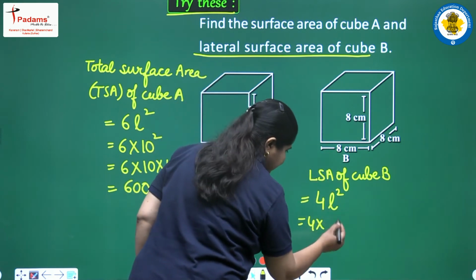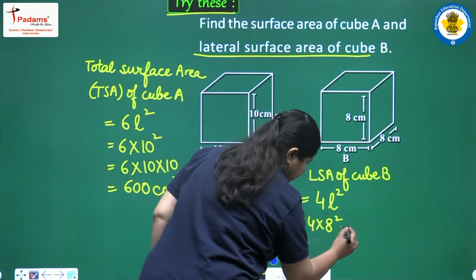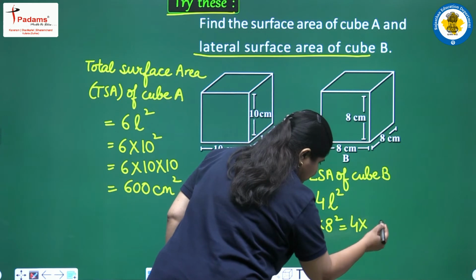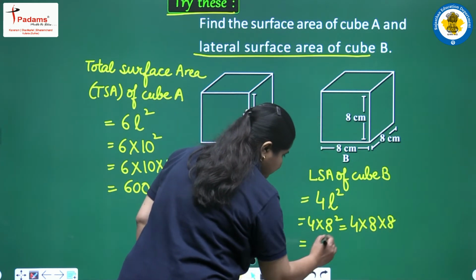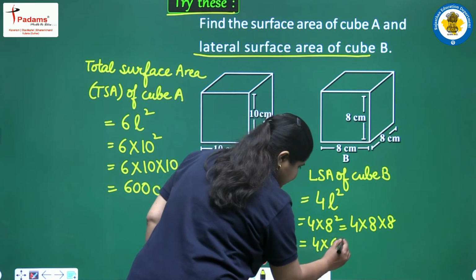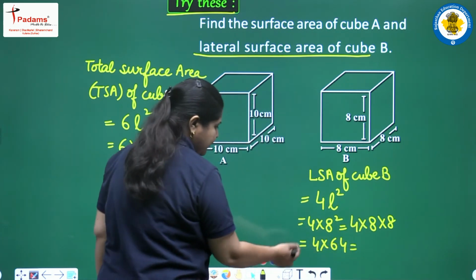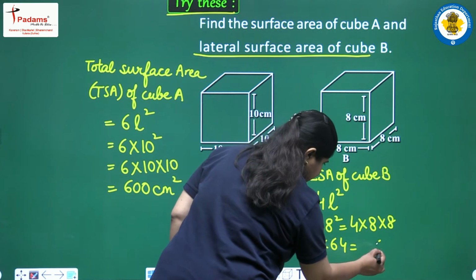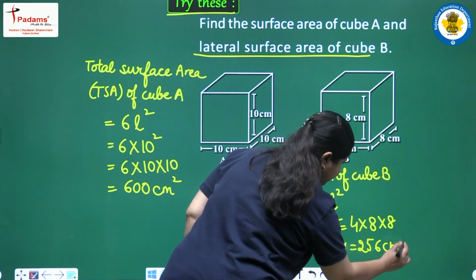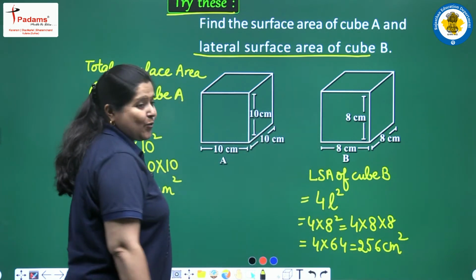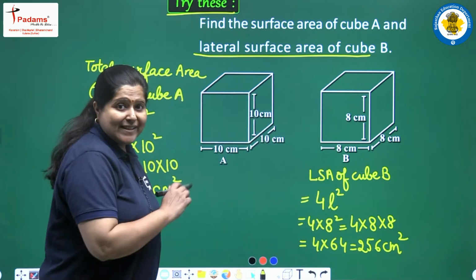So L square, it will be replaced by 8 square. This means 4 into multiply 8 by 8 2 times. This will now be equal to 4 into 64. 8 8 is 64. This will be 4 4 is 16, 1 carried, 256, and again the unit will be centimeter square. With this we have solved this question.